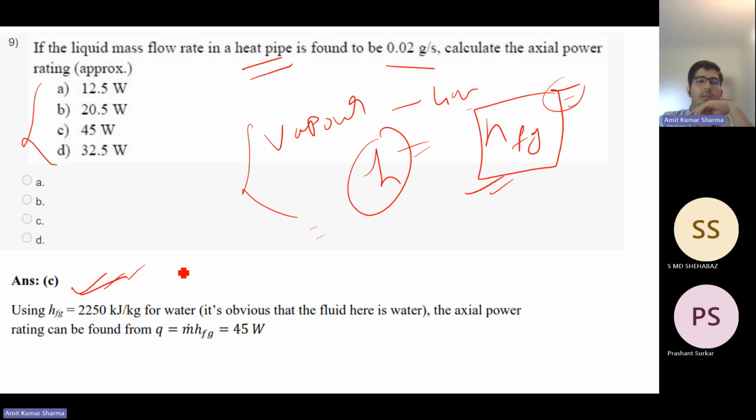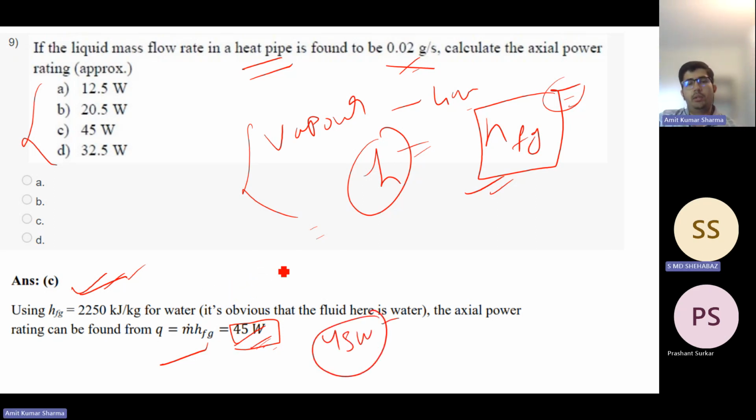The axial power will be the mass you have given into HFG, 45 watt power. Because this is the enthalpy and this is the flow rate, the power rating will be this. So 45 watt heat you can transfer from that heat pipe with this flow rate using water as the liquid.